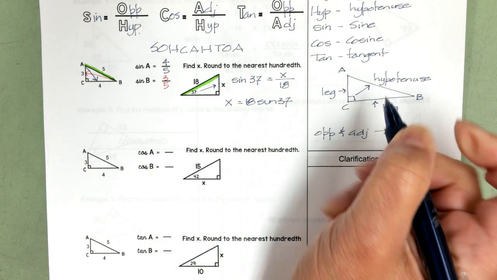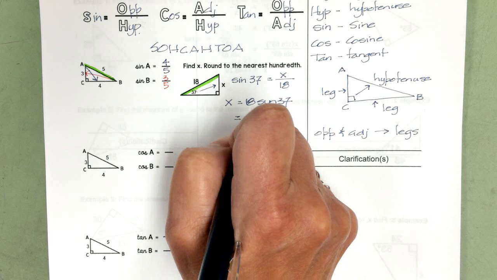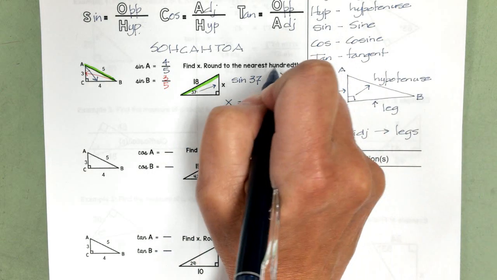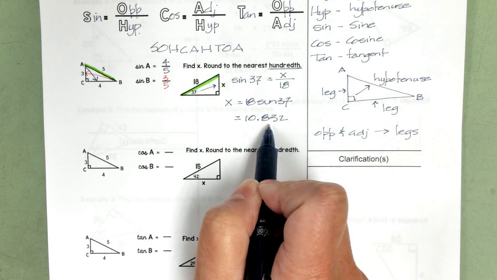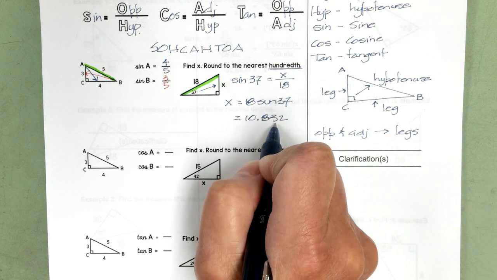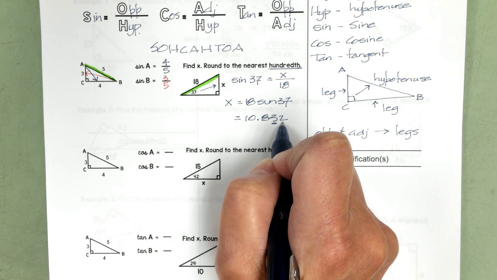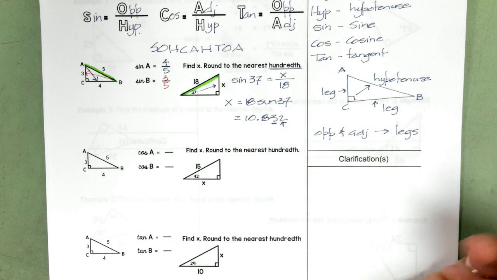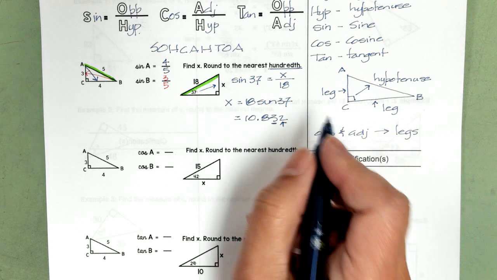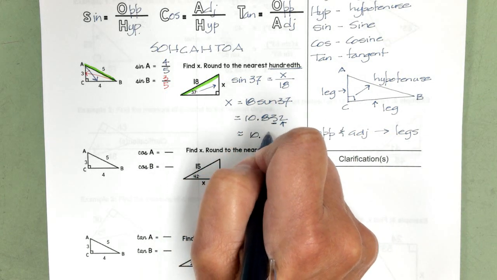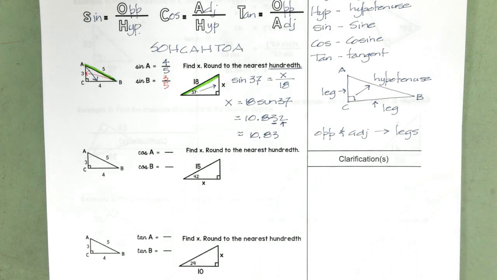And then we plug this in the calculator and get 10.832. Since we're rounding to the nearest hundredth, I go out 3 decimal places because the hundredth is the second decimal place. And I need the next digit to tell me whether I leave that value alone or round it up. Since it's a 2, we leave it alone, and we get 10.83.